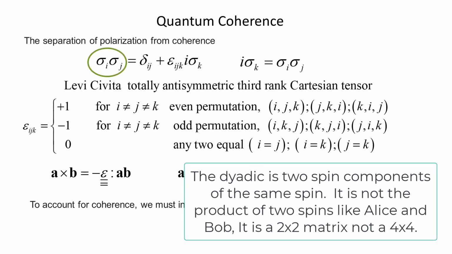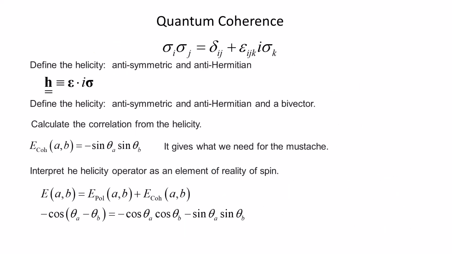If this is Alice's dyadic, then Bob has his own dyadic. The first term of this expression gives the symmetric contribution and leads to polarization we can measure. The second term has not been treated in the same way. It has been missed. Define then helicity as the antisymmetric and anti-Hermitian operator in terms of a bivector.